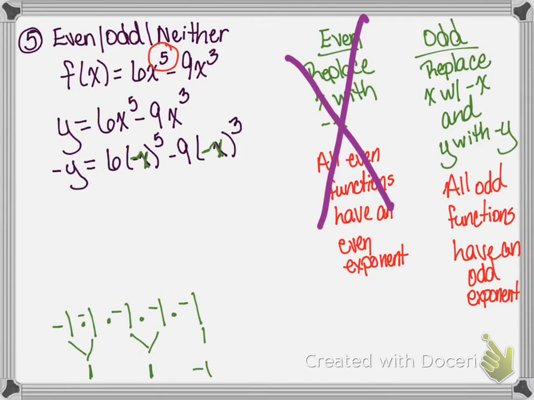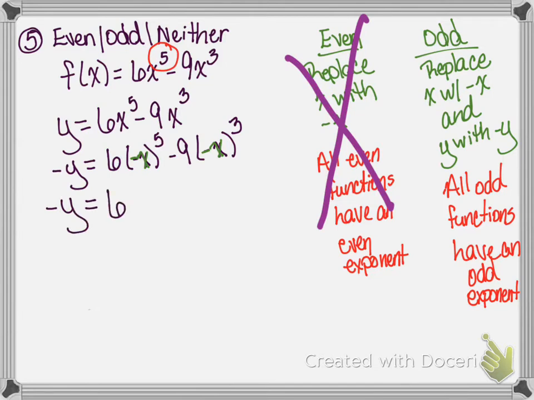So 1 times negative 1 is negative. So if I've got a negative number and I raise it to an odd exponent, I'm going to keep that negative. Okay? So this is negative y equals 6 times negative 1 times x to the 5th.